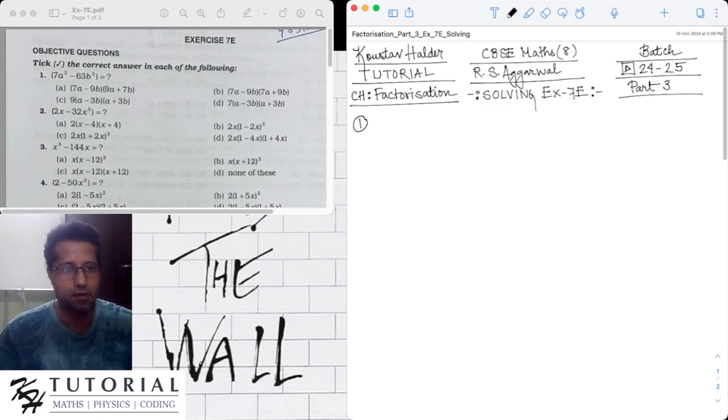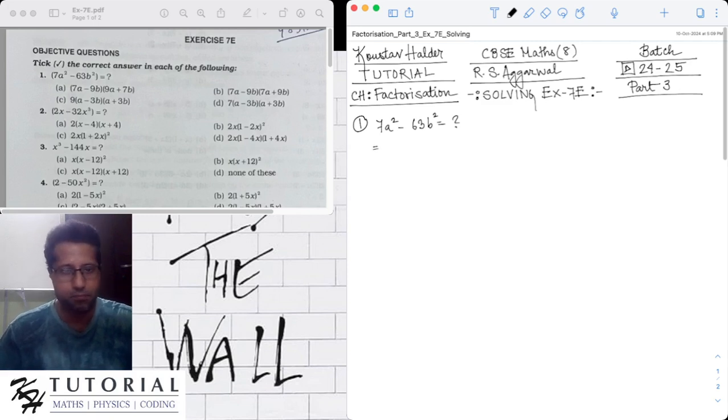The first one is 7a square minus 63b square. It is asking what will be its factorization, because all the choices are products of some factors. So we have to factorize this polynomial.